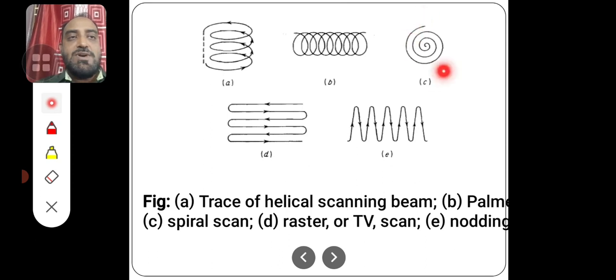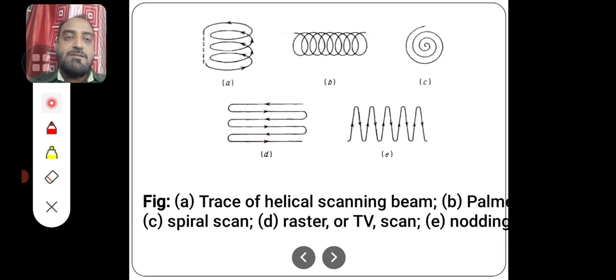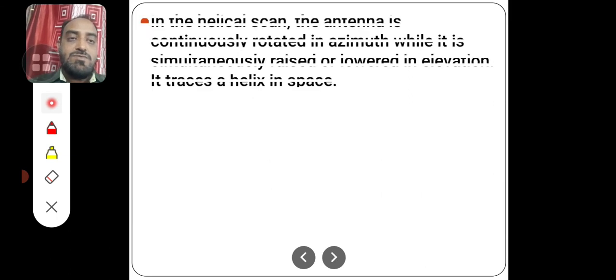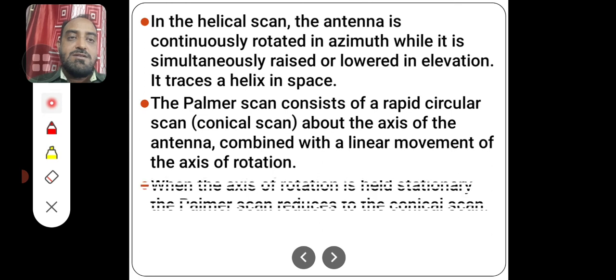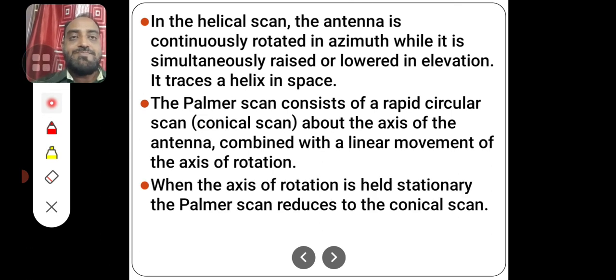The third one is the spiral scan, which you can see in figure C, and the next model is the TV raster. This is the raster or TV scan method, and this is the nodding method, which is similar to the TV scan but in the vertical direction, and the angle here looks V-shaped, whereas in the raster all the lines are parallel. If you go to the next slide, you can understand each type elaborately.